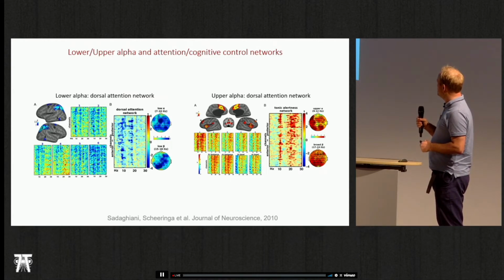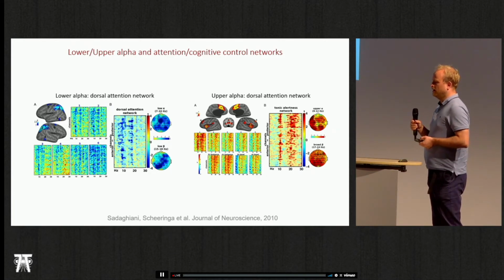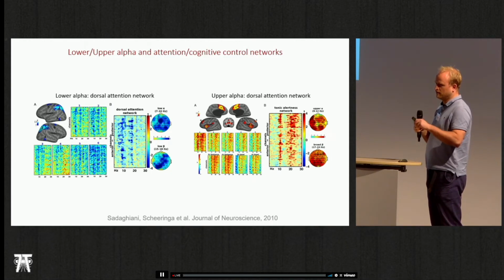Upper alpha, more like 10 to 12 or 9 to 12 hertz, seems to be more related to what we called there the tonic alertness system, so a system that's related to being alert to novel stimuli. So this might be a handle to see whether these frequency differences in the alpha response are related to different cortical control networks that have feedback projections.